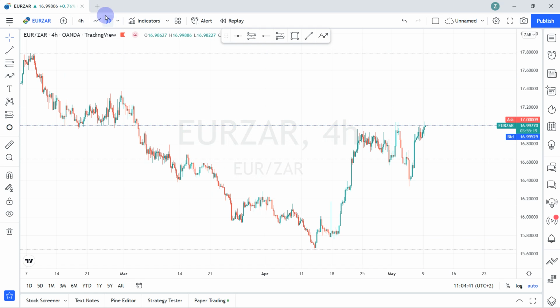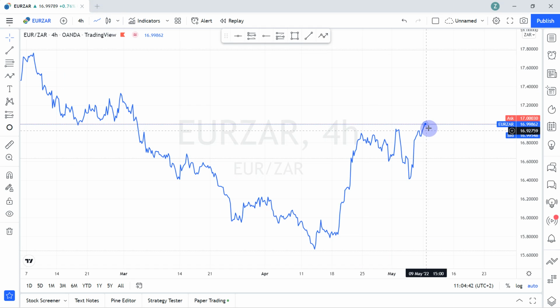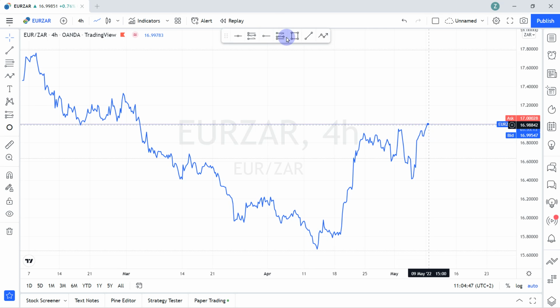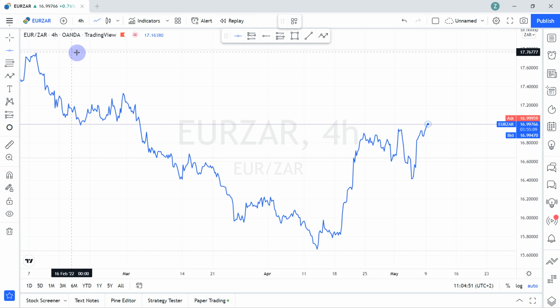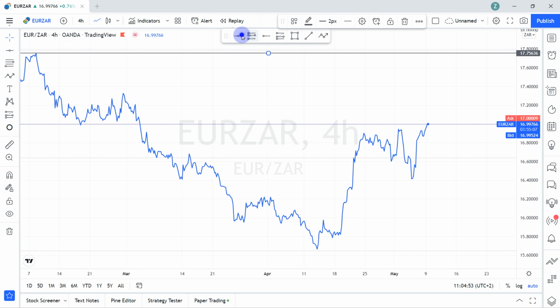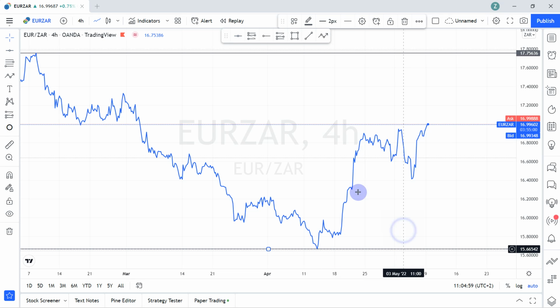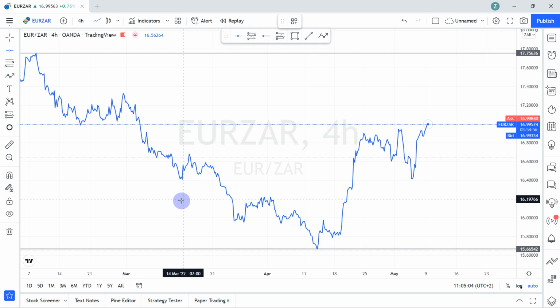So as I said, guys, the EURZAR, the GBPZAR and USDZAR are similar pairs. So this is my highest high, and this is my lowest low. This is my previous key level that I want to cater for.